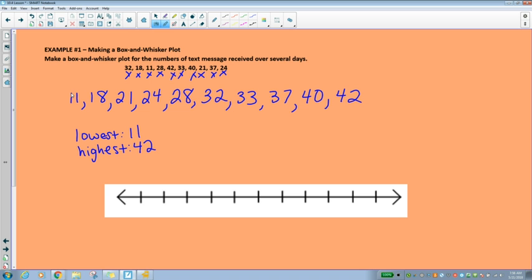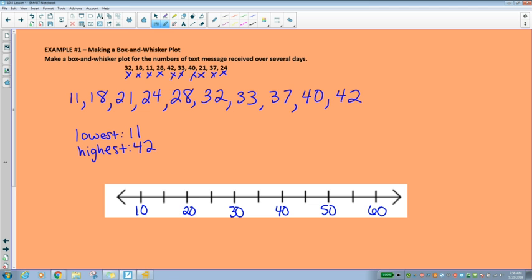Let's start with 10 and count by 5s, but I'm only labeling every other one. So 15, 20, 25, but instead of writing it, I write 30, then 35, 40, 45, 50, 55, and then 60. Now I have enough room to include all the numbers I need for my data set.